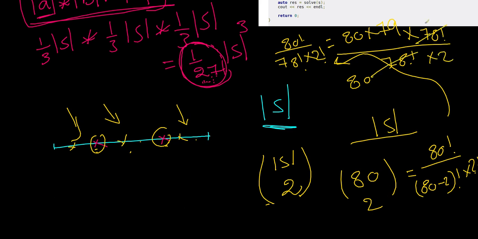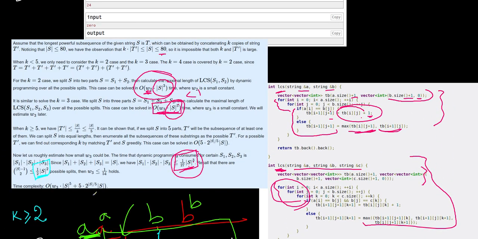So this cancels, and what remains is almost 80 squared, which is the length of S squared divided by 2, and this is why here we have half of S squared.